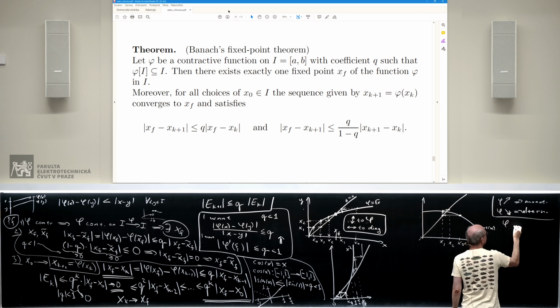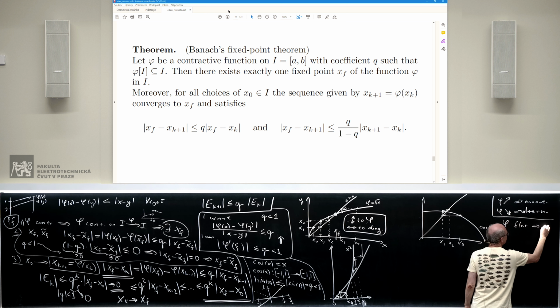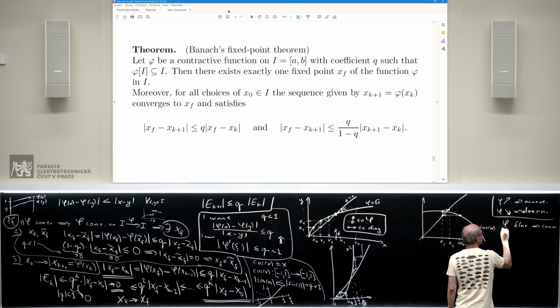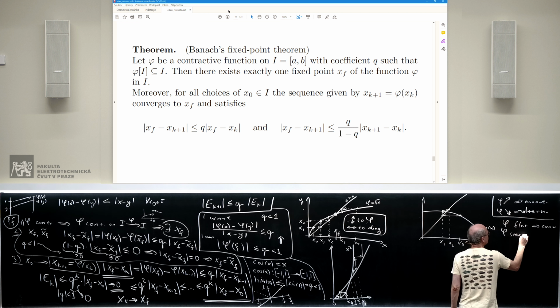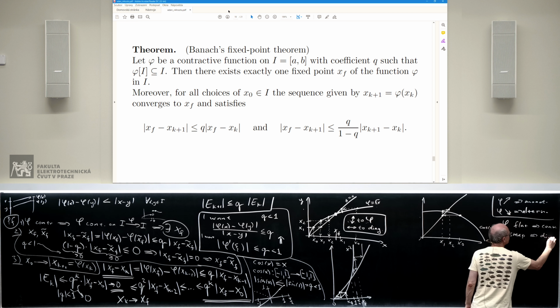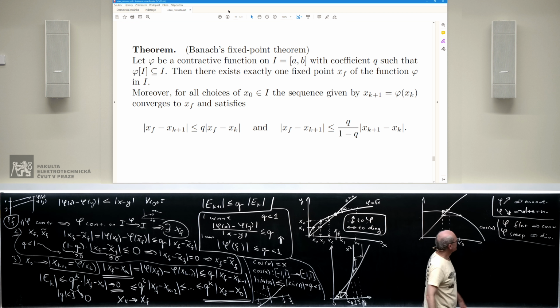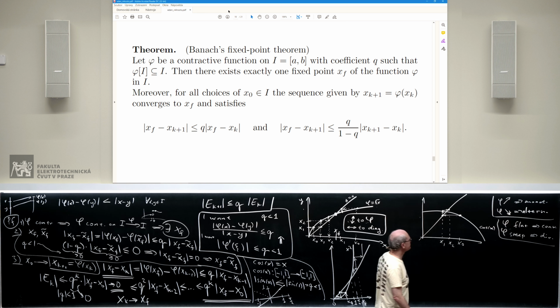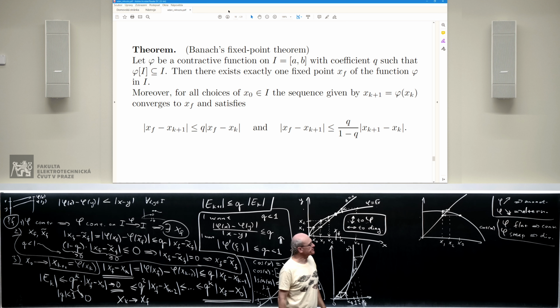And we also saw that when phi is flat, then you get perhaps convergence, and when phi is steep, you get perhaps divergence. This is most likely, okay? We cannot rely on that completely. We will see soon.